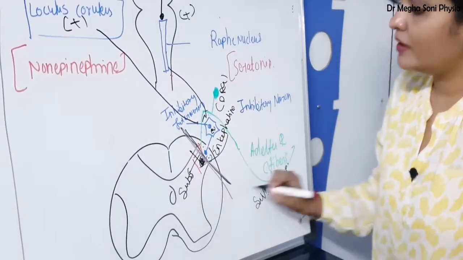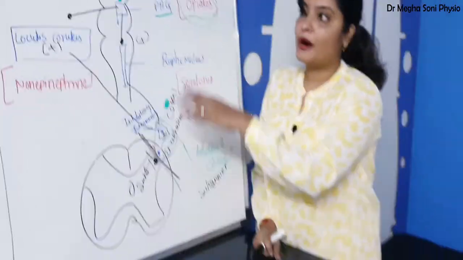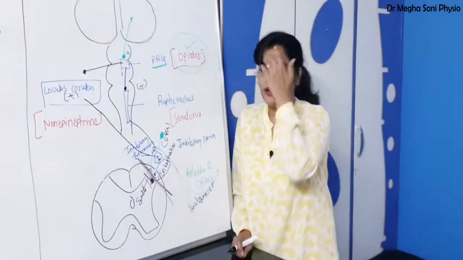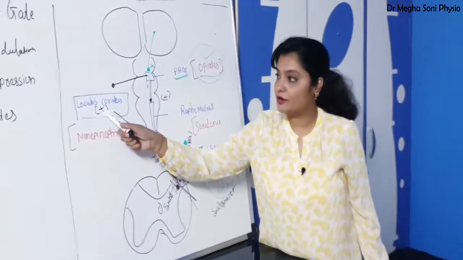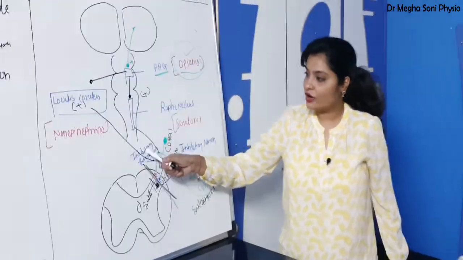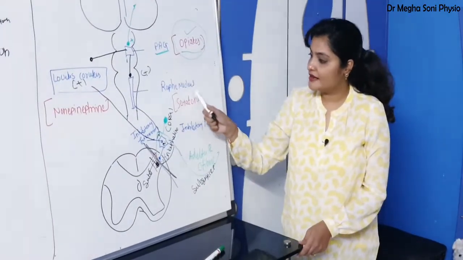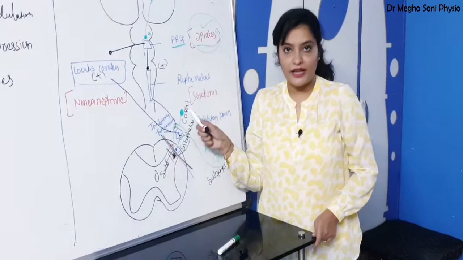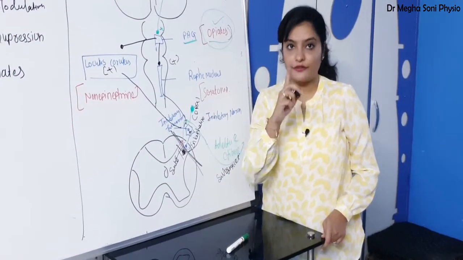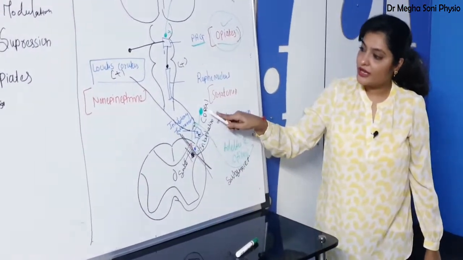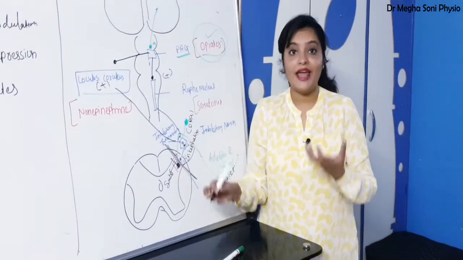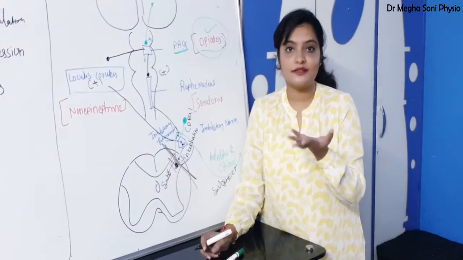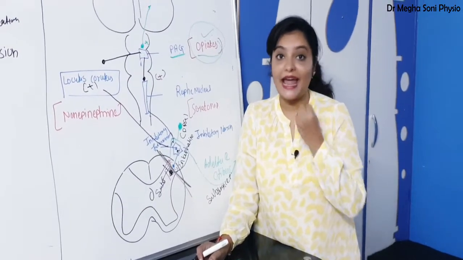So this is all about the descending pain modulation: PAG secretes opiates over raphe nucleus and locus coeruleus. Locus coeruleus secretes norepinephrine, and raphe nucleus secretes serotonin over the dorsal root ganglion, the posterior root ganglion, which is the first order neuron. This dorsal root ganglion makes a synapse with the inhibitory interneuron, and this inhibitory interneuron consists of endogenous opiates, enkephalin.